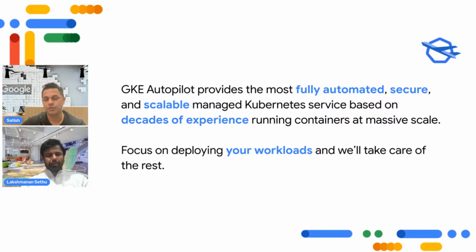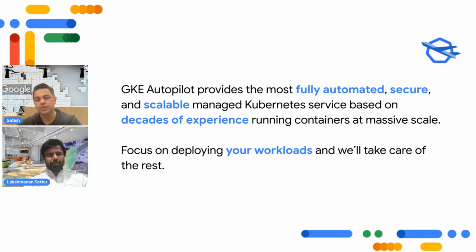Most of our Google applications, with 1 billion users, run on GKE. So that's the experience that we are taking to the community, so that you can focus more on your workload, more on your business, as opposed to focusing on infrastructure management.